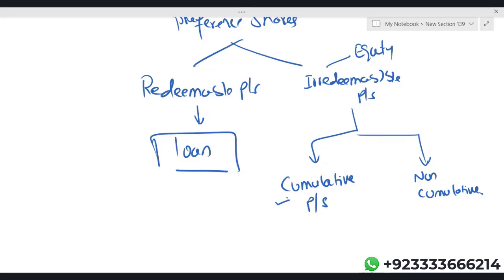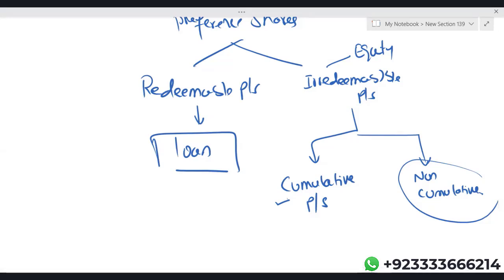But in case of non-cumulative, dividend will only be deducted while calculating EPS when the company has declared the dividend.